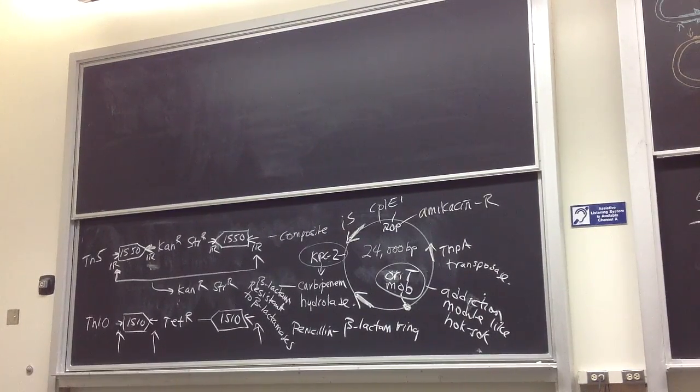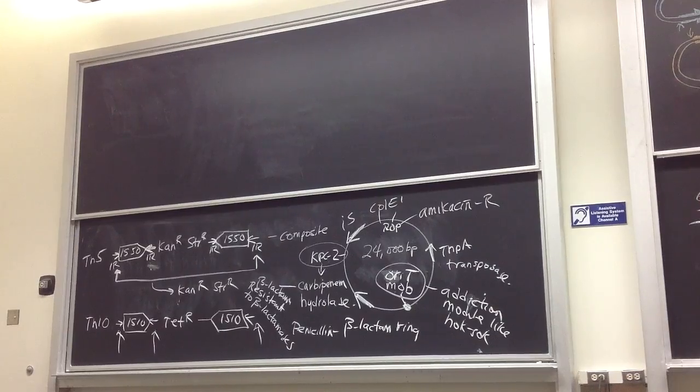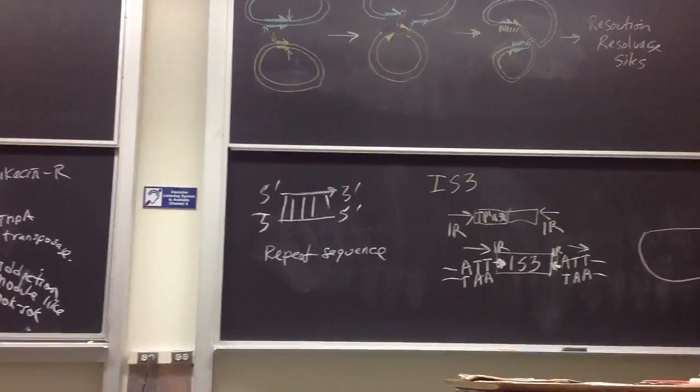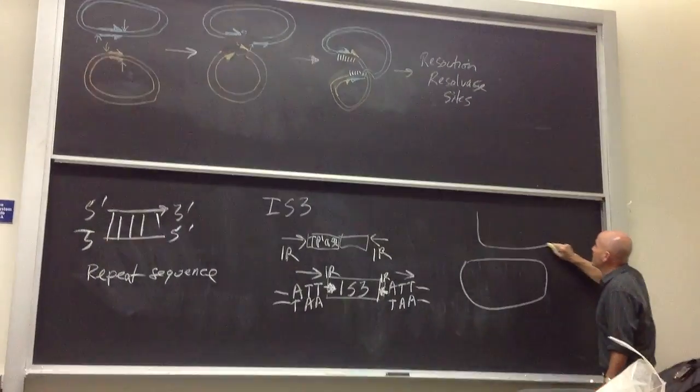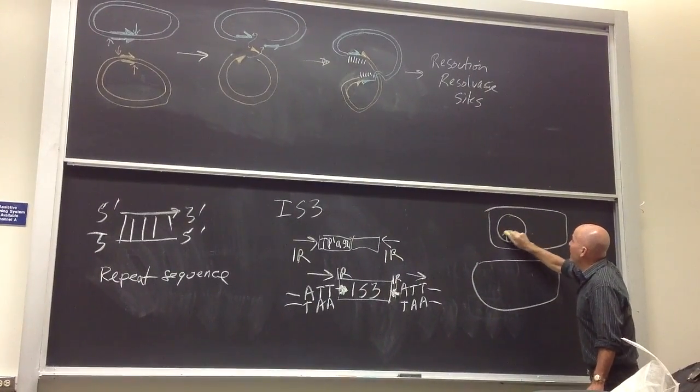Okay, a couple more things. I really want to talk just a tiny bit about how you introduce a transposon into E. coli. So let's pretend that we have a bacterium here. And let's say there's a plasmid, and we have TN10.